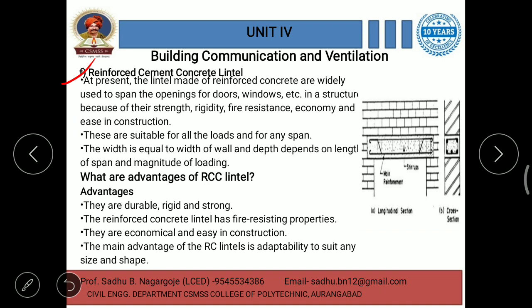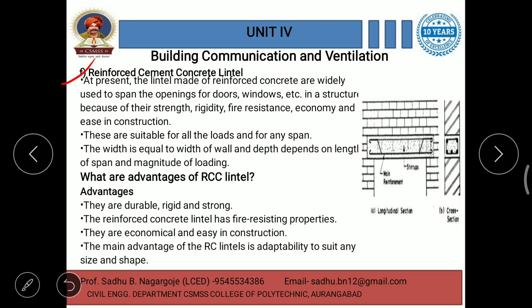At present, lintels made of reinforced concrete are widely used to span the openings for doors, windows, etc. in the structure because of their strength, rigidity, fire resistance, economy, and ease in construction.